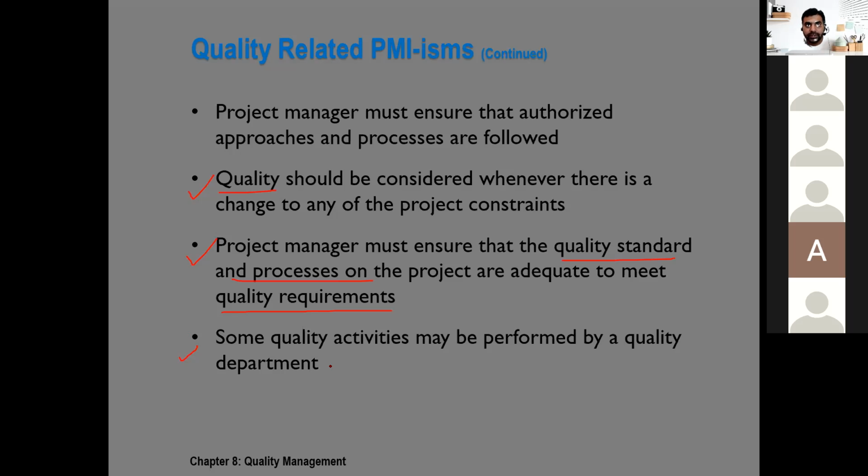But there could be some activities that are done directly by the quality department. For example, audit or quality audit, which is normally done by the QA/QC department. Any questions?